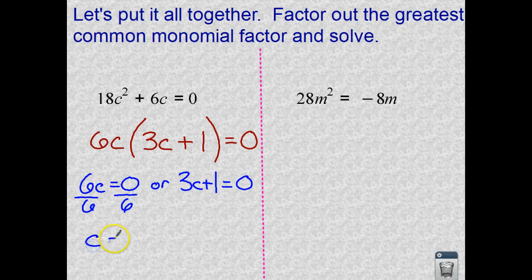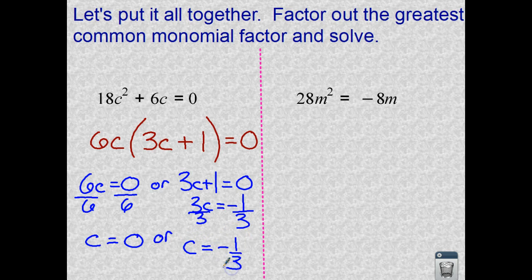So c is equal to 0, or let's see, 3c, subtract 1 from both sides is equal to what? -1. Divide both sides by 3. And c could also be equal to -1/3. And again, that's going to come in handy when we start graphing those quadratic equations.